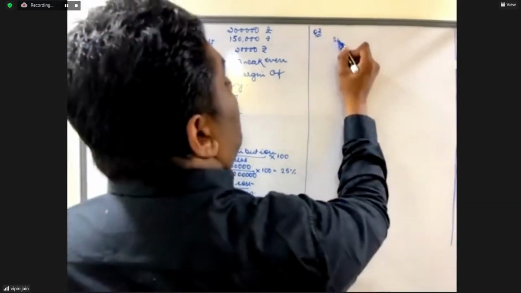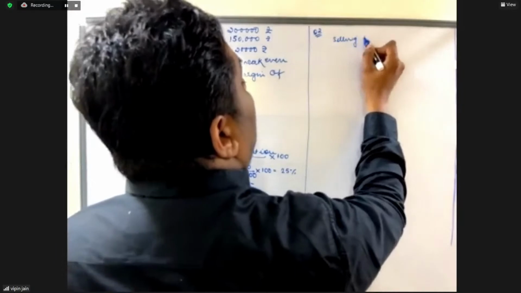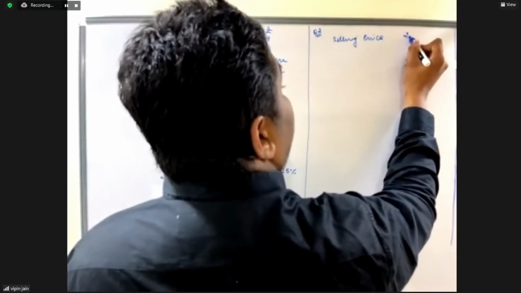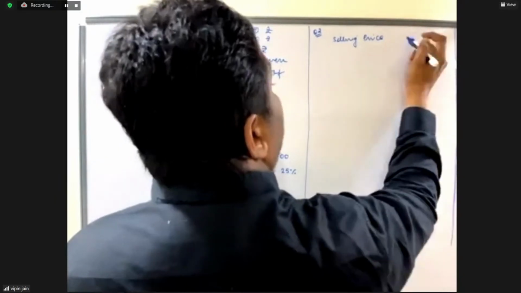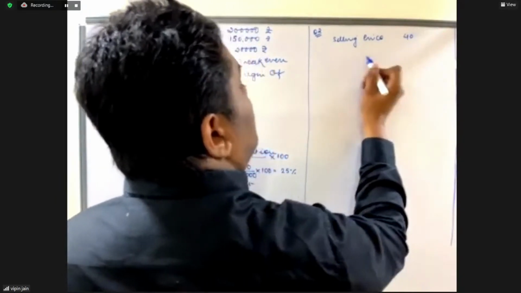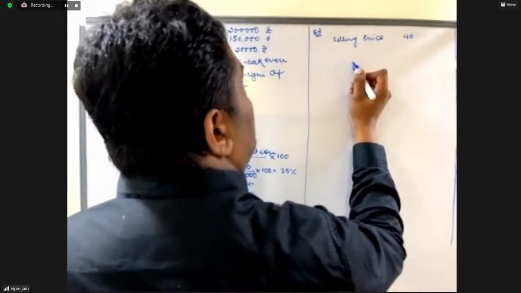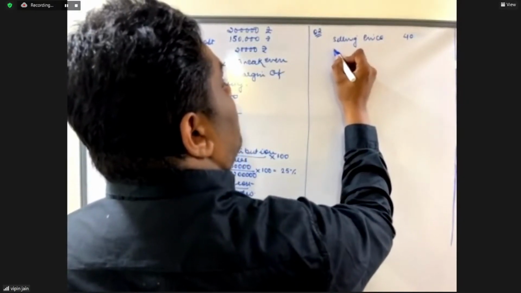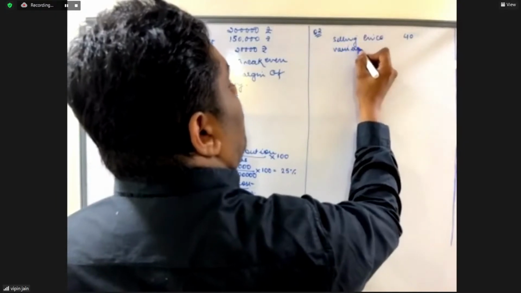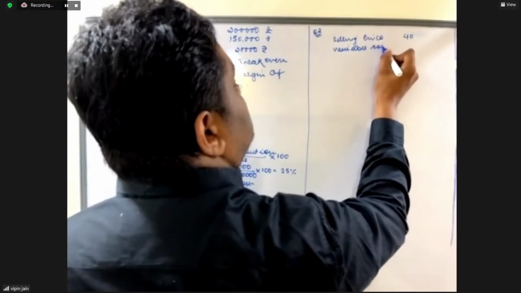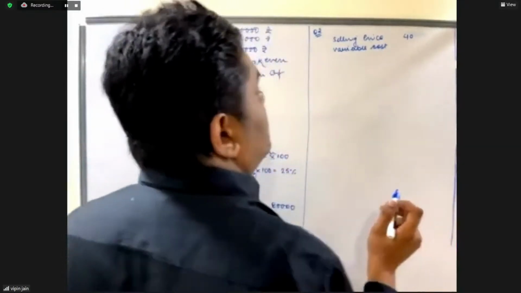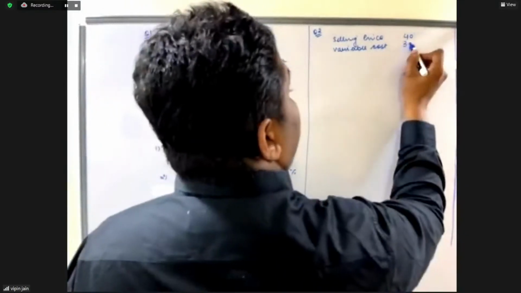Let's say my selling price per unit is 40. My variable cost per unit is, let's say, 30.